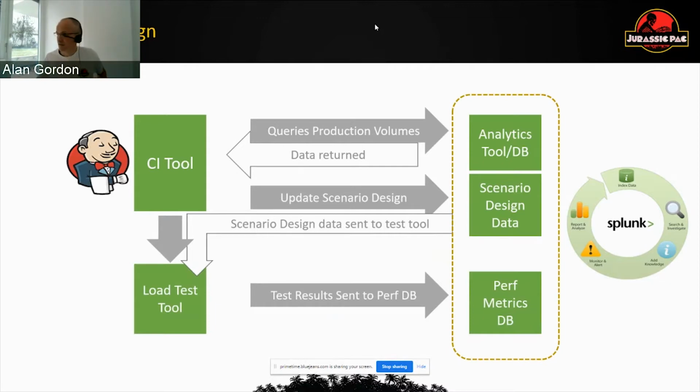So, of course, we had the experience to do this in the team. But this is just our implementation, and this could, of course, be done with lots of different tools as well. For the load test tool, we hook this up with JMeter, and then clearly this could also be done with any load test tool that can be driven from Jenkins, which would be almost any of them.